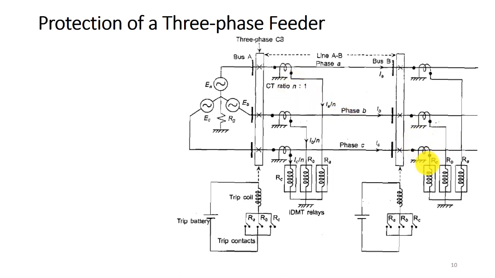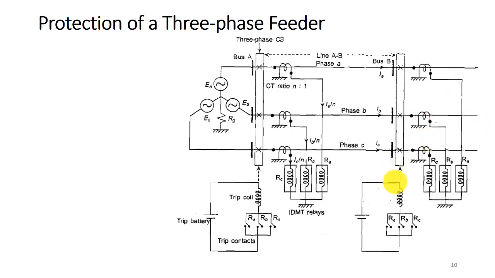Now you can see the arrangement of relay coils: RA, RB, RC. For each phase there is one current transformer, similarly for relay A and for relay B.